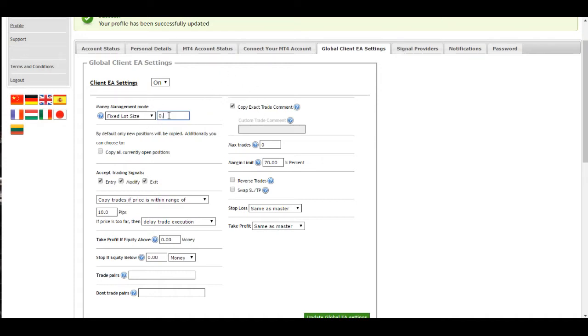So having a fixed lot size basically means if I put in 0.01, whether I place a 1.5 or even a 0.05 or a 1.0, and let's say I place three trades and they all have different lot sizes, no matter what lot size trade I place, yours is fixed to this number.